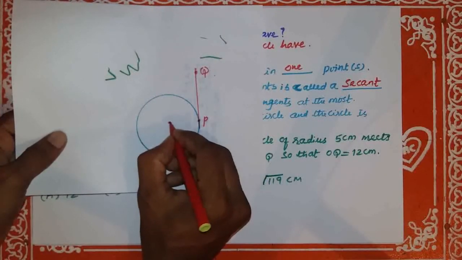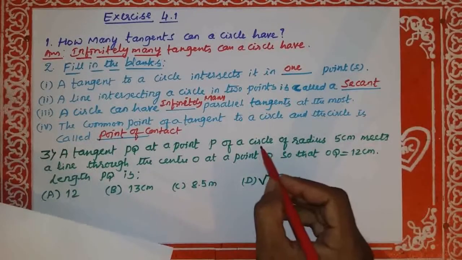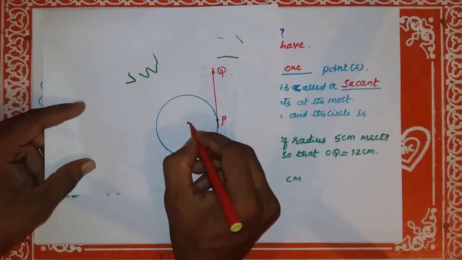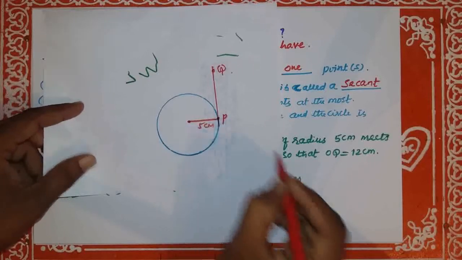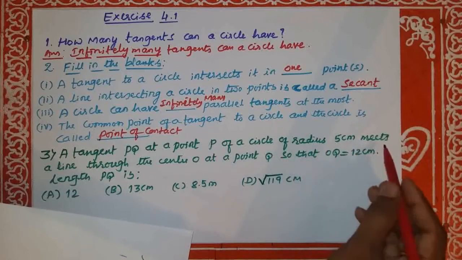Okay, this is the center I will take. Okay, point P of a circle of radius 5 cm. How much centimeter? 5 cm. I will draw 5 cm.